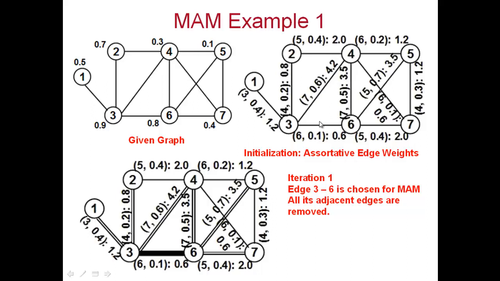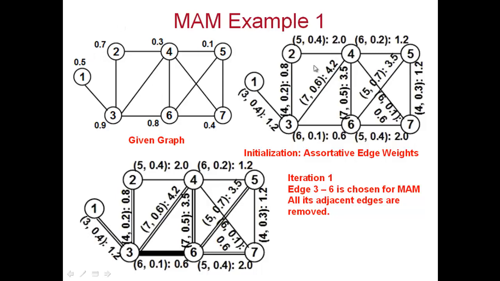And now again, what we want to do is find this maximal assortative matching. It means we want to minimize the differences in the node weights of the end vertices we pick, as well as maximize the number of edges that we pick.